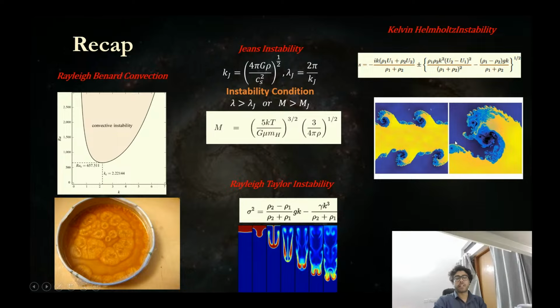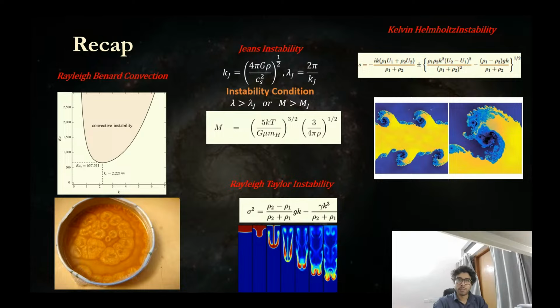Similarly, the Kelvin-Helmholtz instability occurs when we have two layers of fluid, which could have the same density or different densities, but the main distinguishing factor for this instability from the Rayleigh instability is that those two layers of fluid should have different velocities.